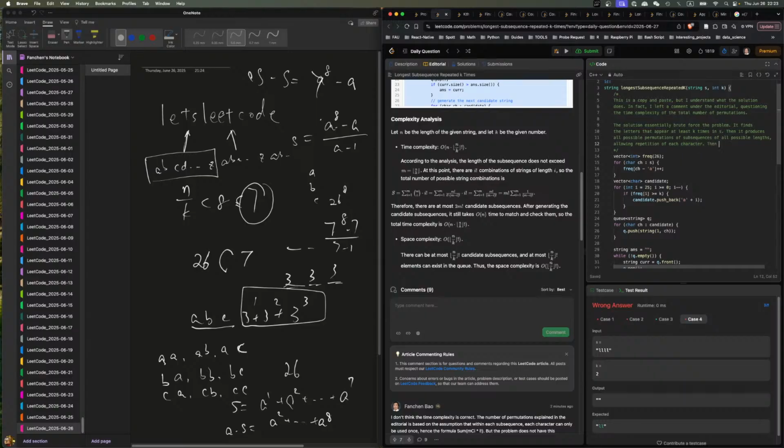Then it checks whether the produced string can serve as a subsequence that occurs at least k times in S. The generation of permutations is straightforward: for character in candidates.